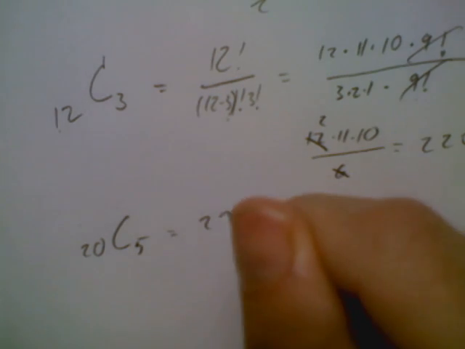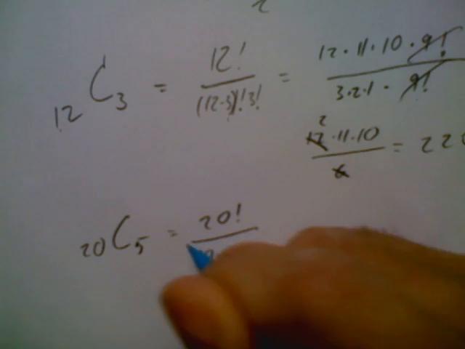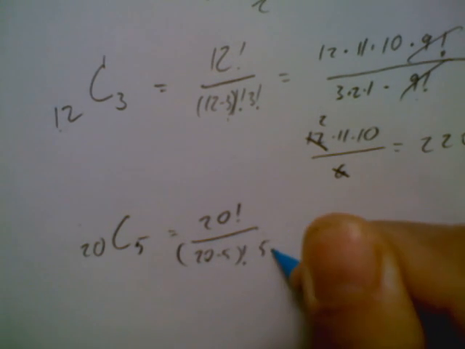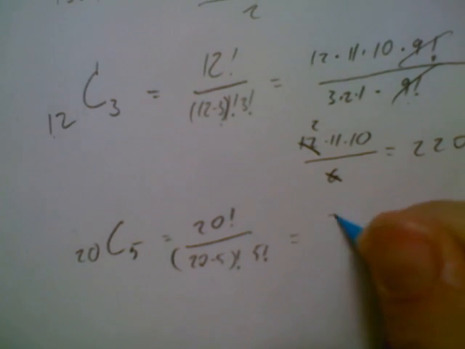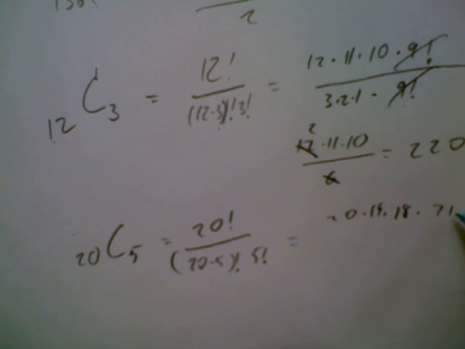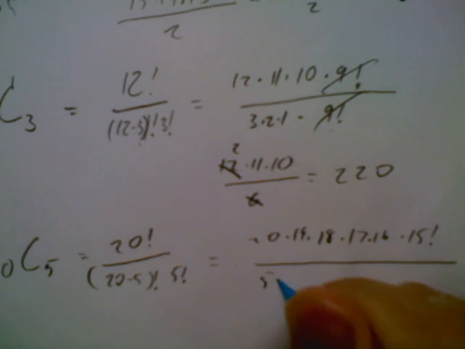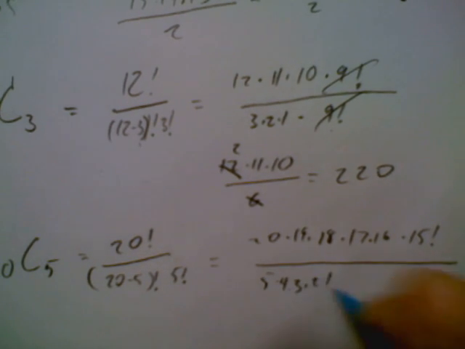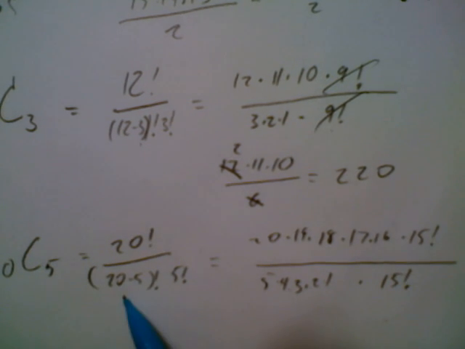It's going to be 20 factorial over 20 minus 5 factorial times 5 factorial, which comes out to 20 times 19 times 18 times 17 times 16 times 15 factorial, everything over 5 times 4 times 3 times 2 times 1 times 15 factorial, because again, 20 minus 5 factorial is going to give us 15 factorial.